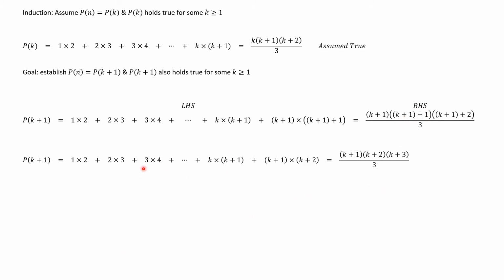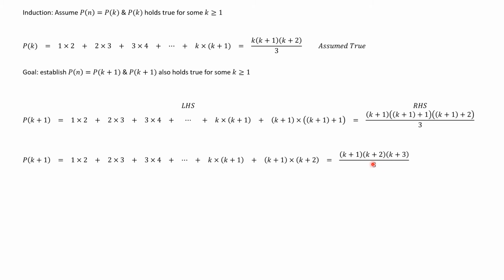So let's simplify this. It's going to simplify to this: 1 times 2 plus 2 times 3 plus 3 times 4 plus ... plus k times k plus 1 plus k plus 1 times k plus 2, and that's going to equal k plus 1 times k plus 2 times k plus 3 divided by 3.